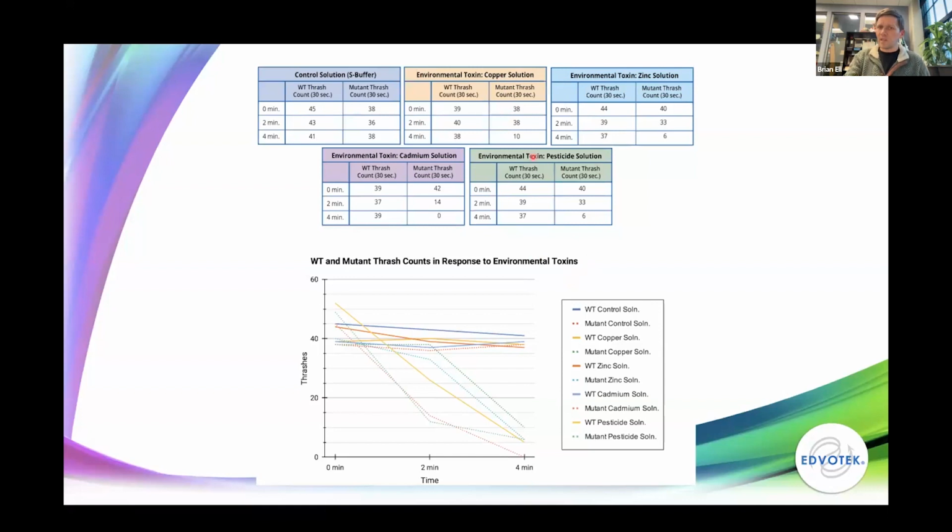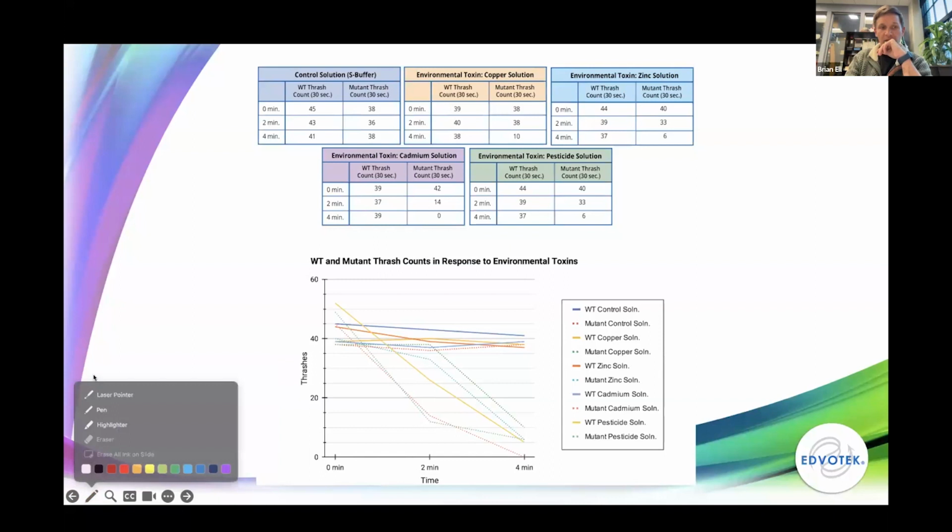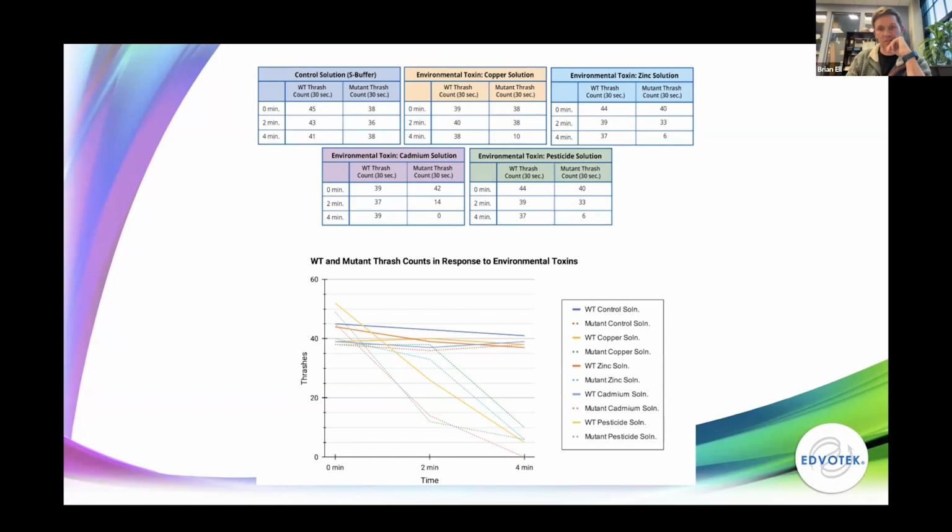The pesticide solution is not going to have as big of an effect on the wild types as it does on the mutants. And when we graph this out, you should be able to see these nice different trends that the students can collect. And again, I highly encourage you to have the students share the data across different groups, or compare replicas of the same toxins across different groups as well.